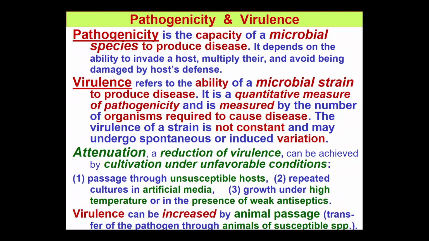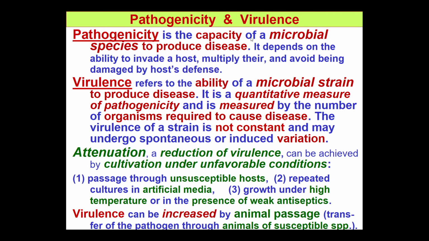When characterizing the different capacities of causing disease, we have to comment on such terms as pathogenicity and virulence. Pathogenicity and virulence are characteristics of microbes that relate to the capacity of causing disease, but they have a clear distinction.